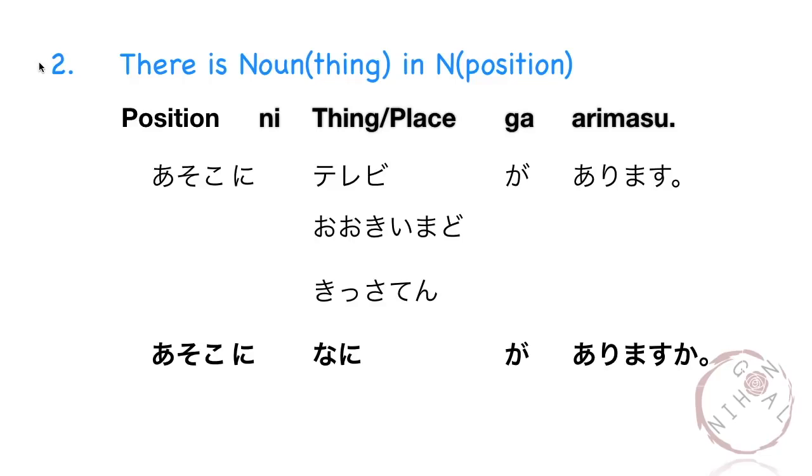Another is how to say that there is a noun, which is a thing or a place, in a position, by saying position ni thing, place があります。For example, あそこにテレビがあります。あそこに大きい窓があります。あそこに喫茶店があります。And to ask the question, あそこに何がありますか?